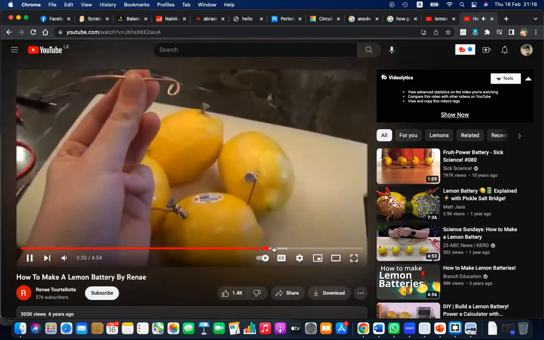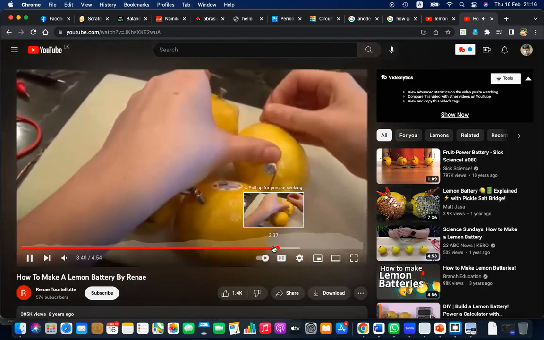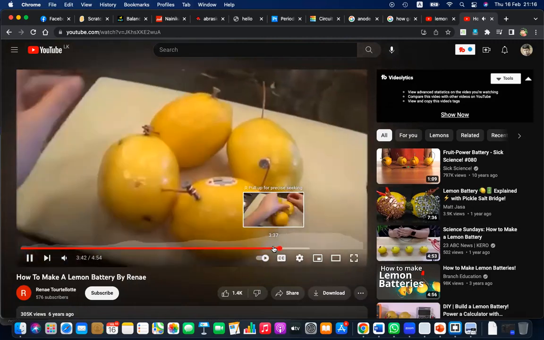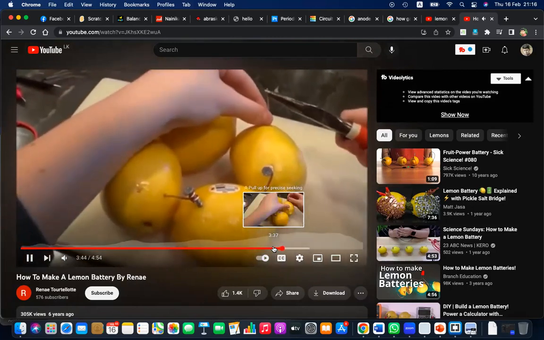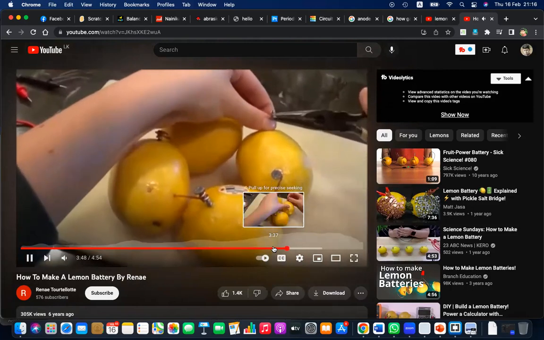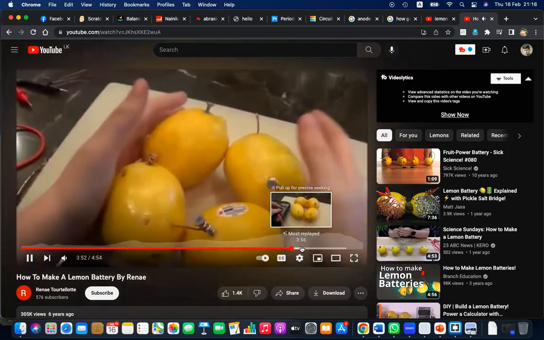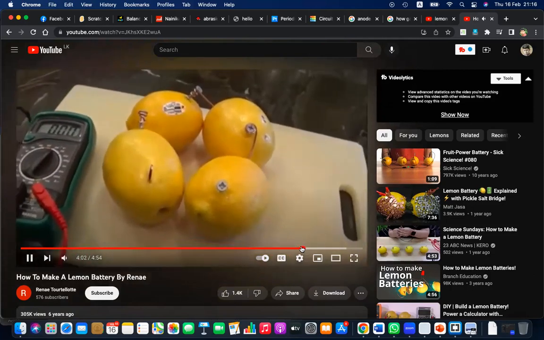I bent the copper piece to make it easier to insert. I will also bend a piece in the top of this last copper piece, so it will be easier to connect to both the LED and the voltmeter. Is it efficient voltage to power an LED?